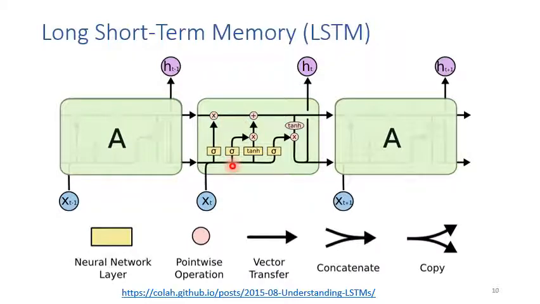The second is the input gate. We can control how much input information we want to pass into the cell state. And the input activation function is tanh. Okay, the third gate is the output gate.